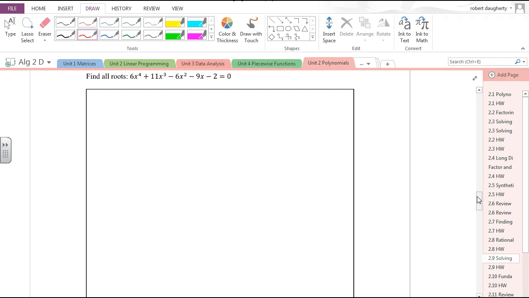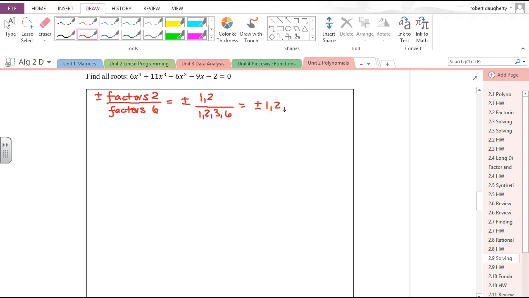What are all the possible rational roots? So plus or minus the what? Yeah, plus or minus the factors of 2 divided by the factors of 6. What are the factors of 2? 1 and 2. What are the factors of 6? Yeah, 1, 2, 3, 6. So this is plus or minus 1, 2.